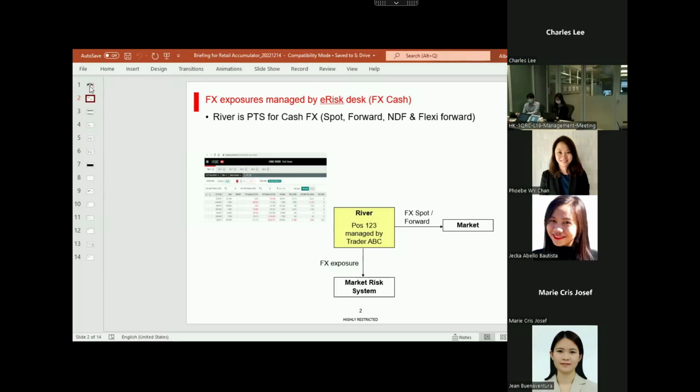This image of retail accumulator is presented in River. If you're new to the team or the bank, River is the primary trading system for cash FX. Our FX forwards, NDFs and Flexi forwards are booked in River. Within River, there is a designated portfolio set up as an image of the retail accumulator.